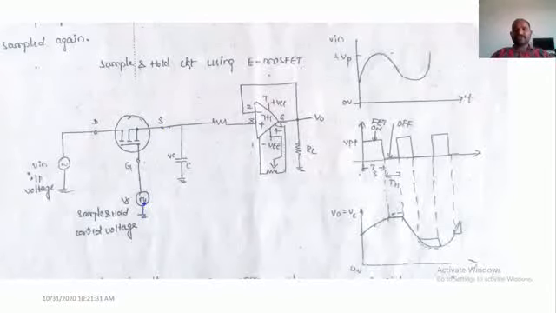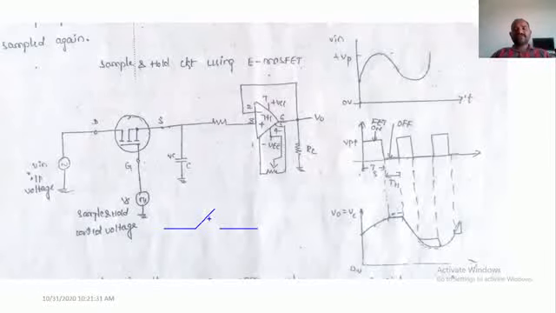Whenever we are applying zero voltage to the gate, this E MOSFET acts as an open switch. So this MOSFET is acting as a switch only.